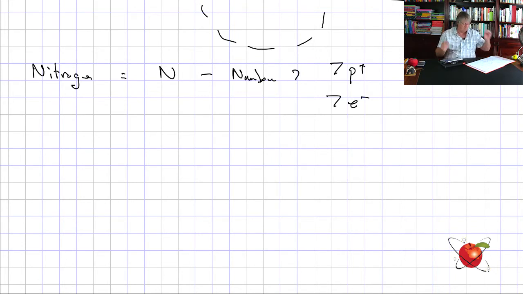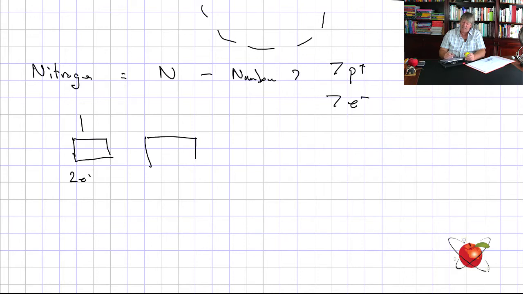Well, they go into orbitals. In the first orbital, we've got space for 2 electrons to fit in there. Why? Because I can only put 2 in here. If I put more in there, they are too close to each other.